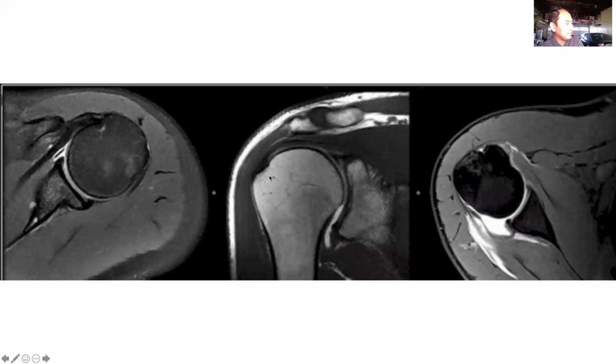If you look in this picture, the head of the humerus, the shaft of the humerus, this is the glenoid, and these are the rotator cuff tendons and muscles here. And I believe this is the coracoid process. And there will be acromion here, and this is the bursa which is inflamed.